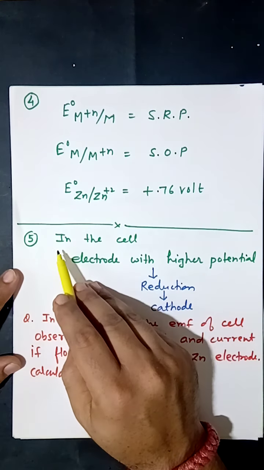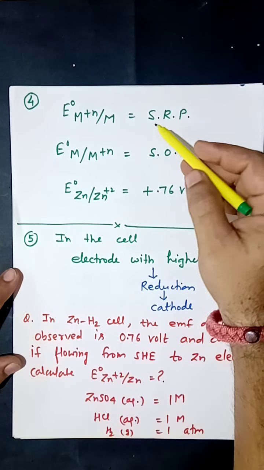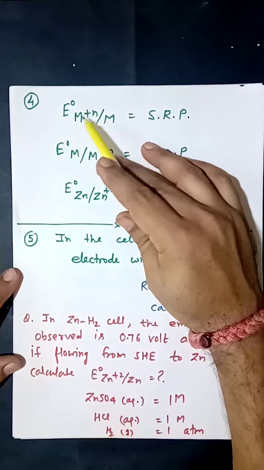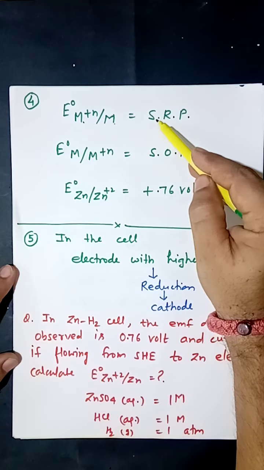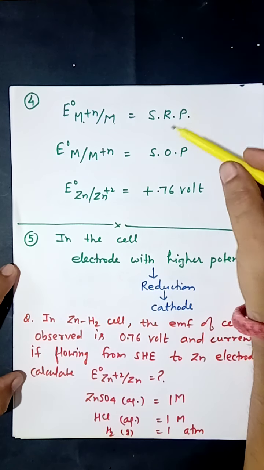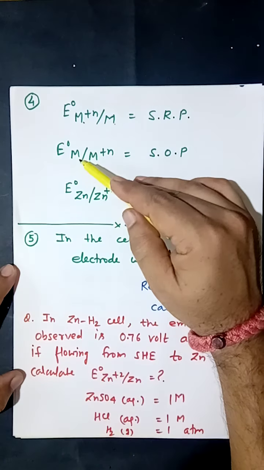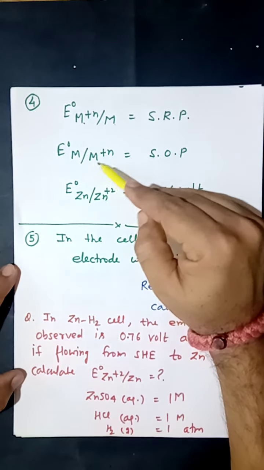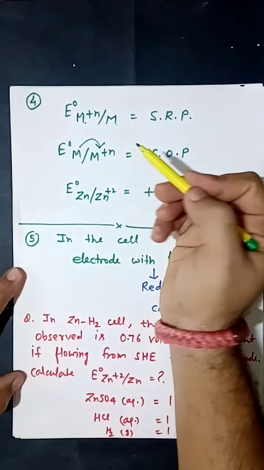How can we determine this practically? We will discuss later on, but first look here. So far we have discussed this symbol is for reduction, and therefore this is known as standard reduction potential. Now remember one thing, we can also express the same data in the form of standard oxidation potential. Here you can see M converts into M positive n.